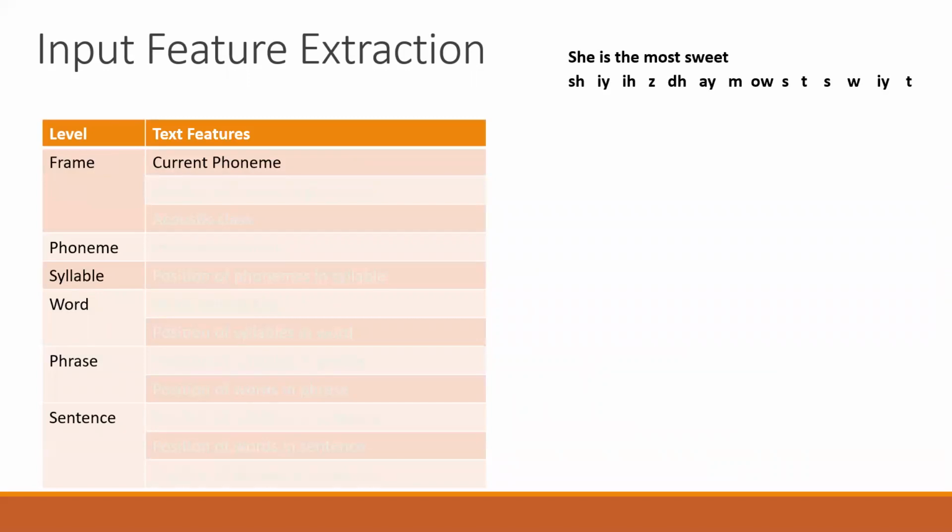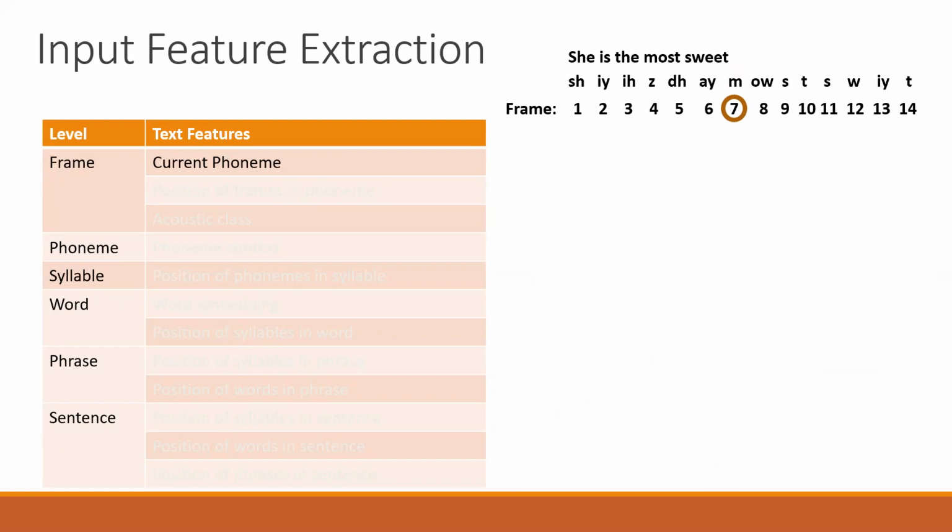Let me show you some examples of the text features. First, let's see how we extract the current phoneme feature. We have to extract the feature frame by frame.